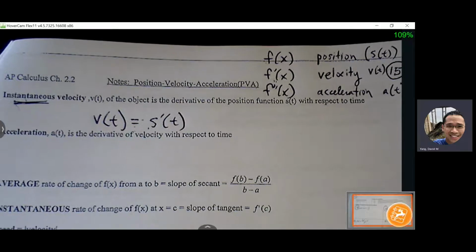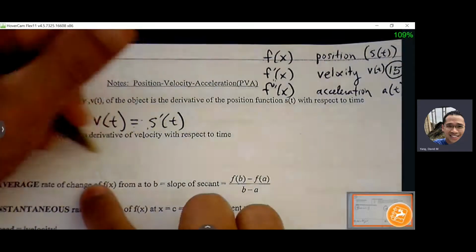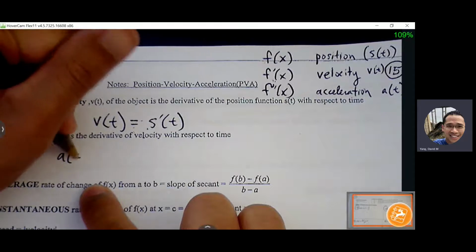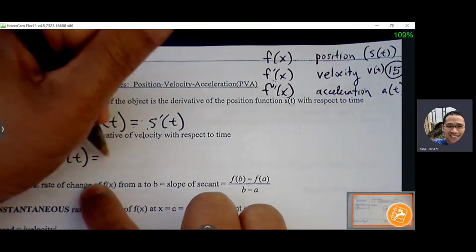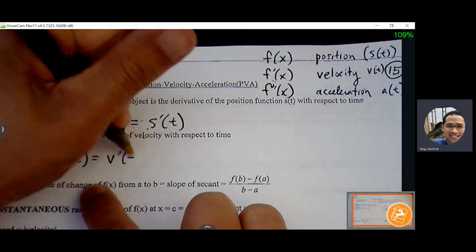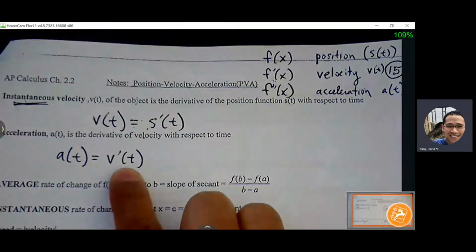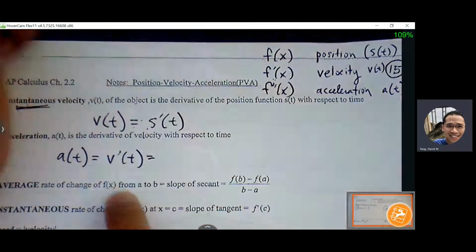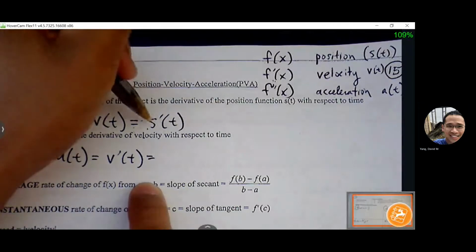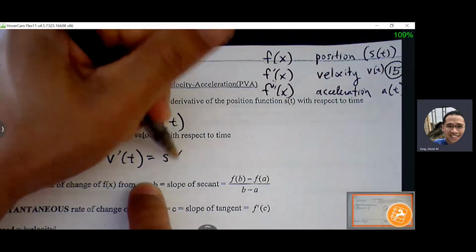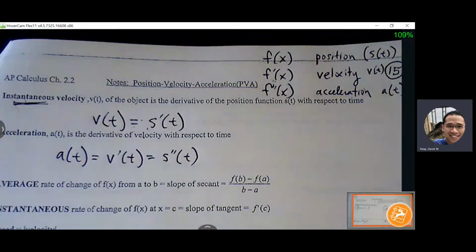Acceleration is the derivative of velocity. So we can represent acceleration as a of t. We can also think of it as the first derivative of velocity, so v prime. But we can also think of it as the what? Yep, second derivative of position. So we use s double prime of t.